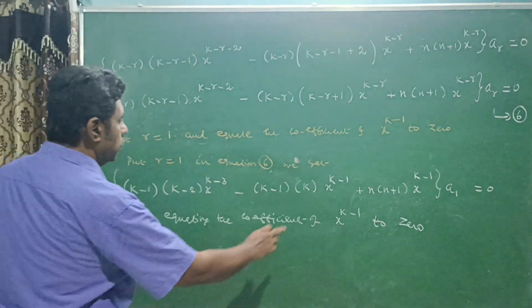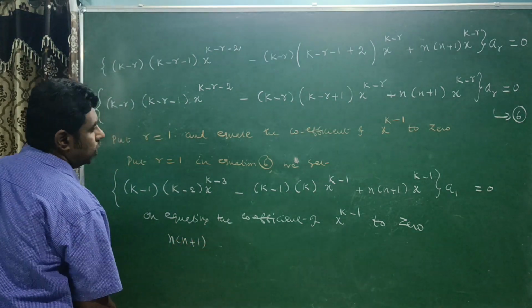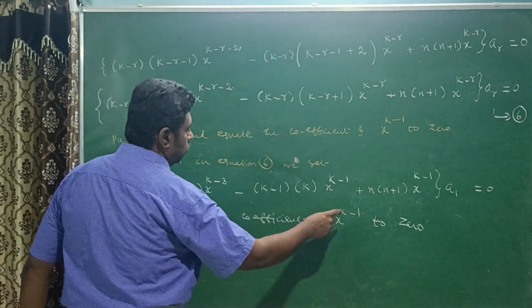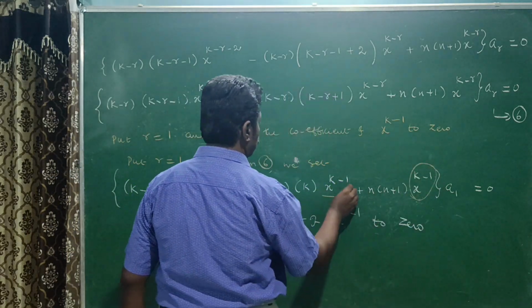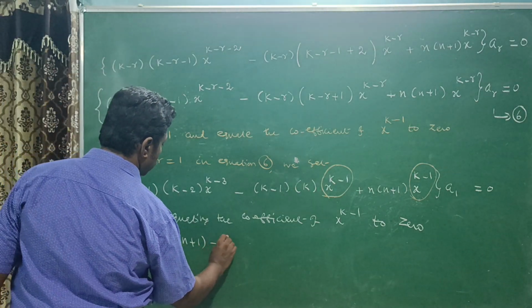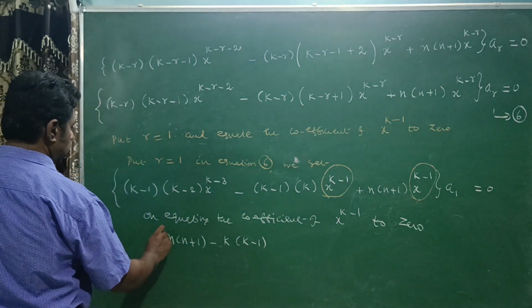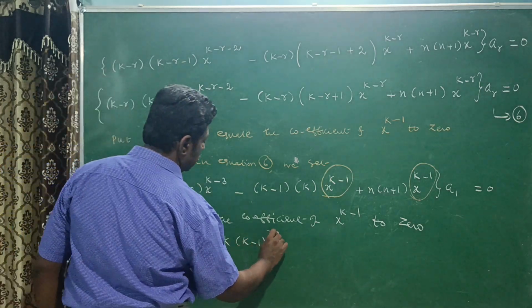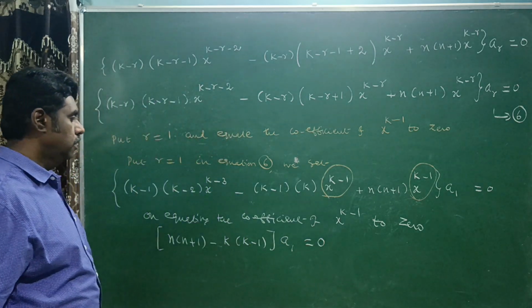So here, n into n plus 1, we have to equate the coefficient of x power k minus 1 to 0. N into n plus 1 minus k into k minus 1, the entire is multiplied by a1 equal to 0.